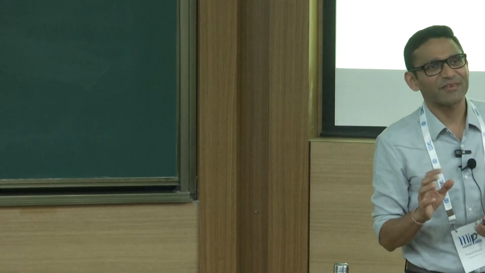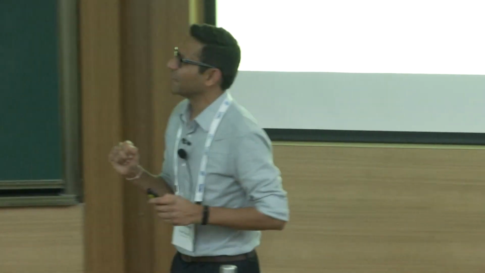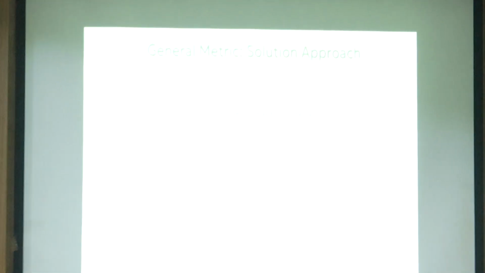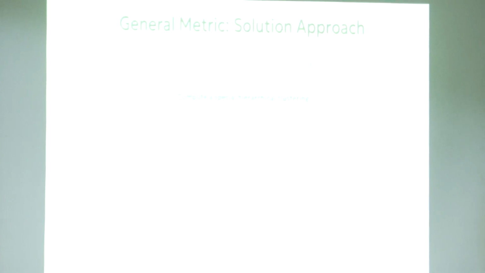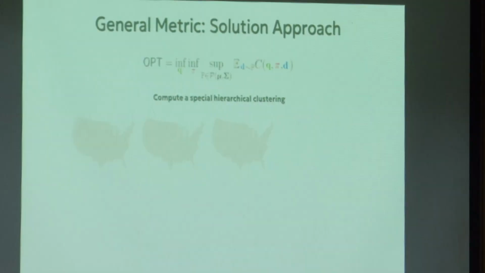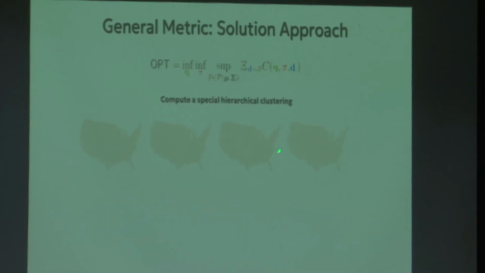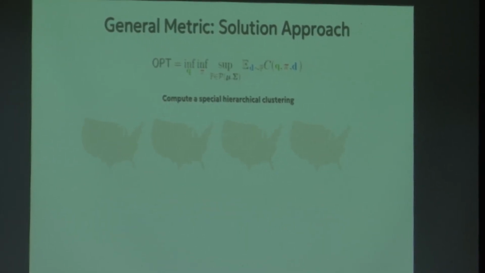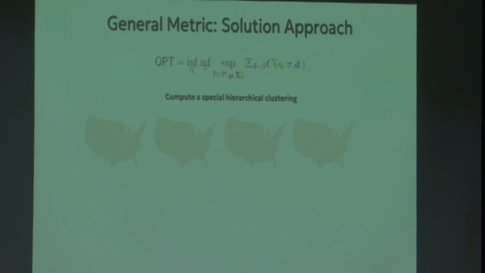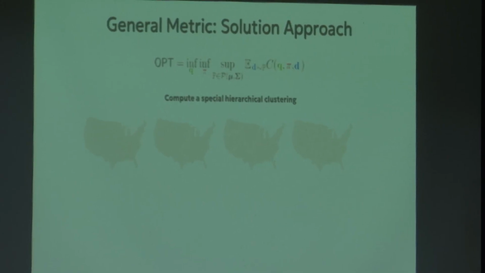For the general metric we need to introduce more ideas. What we do is we first consider a hierarchical clustering of the metric. I'm showing the map of the US. So you consider a hierarchical clustering, which is sort of a laminar family of clusters, with some properties that I will come to.